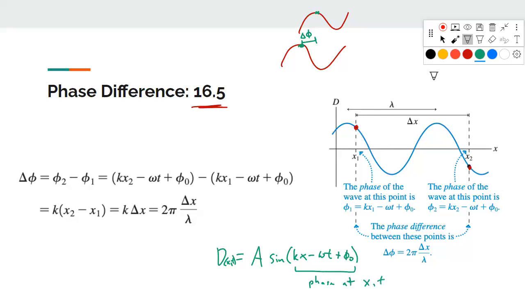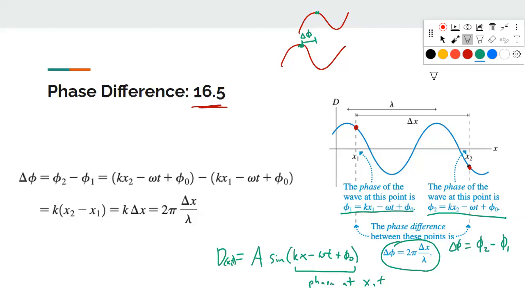That's what they're calculating here, phi 1. And then they're doing the same thing at a different point in space, x2, but at the same time. So they call this phi 2. And then the difference between those, phi 2 minus phi 1, is what they call delta phi, the phase difference. And instead of going through this whole process, you can see that the omega t and the phi naught are going to cancel. So we have this easier formula for you to find the phase difference between two points.